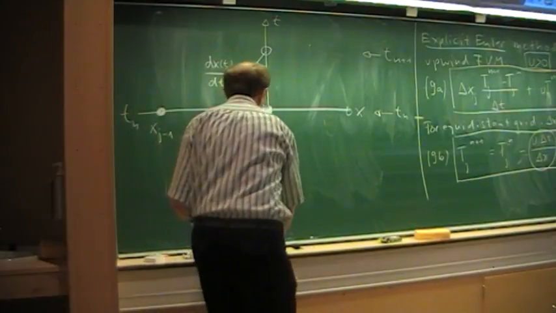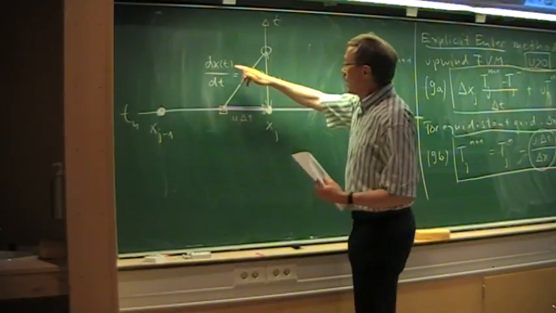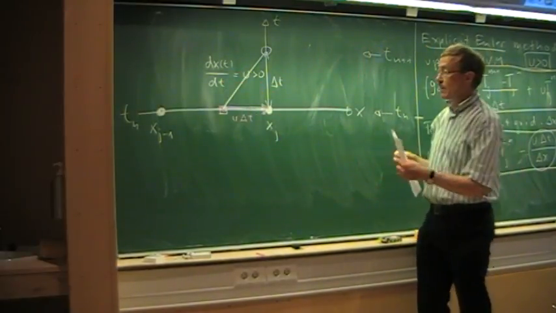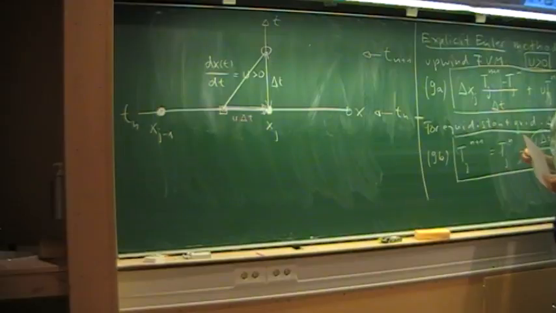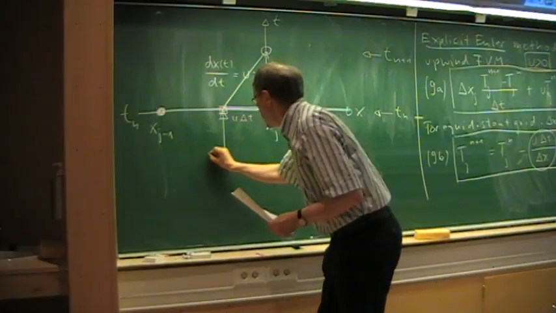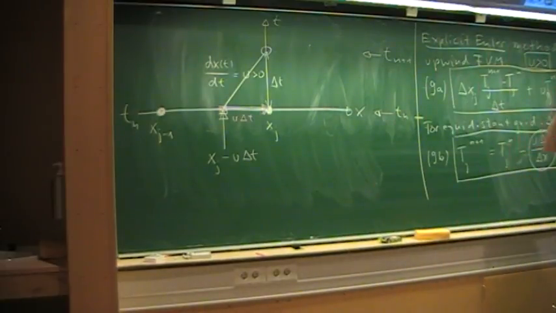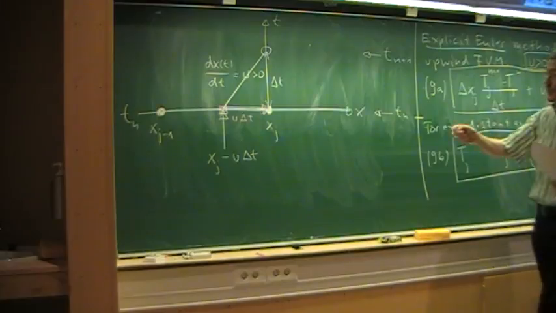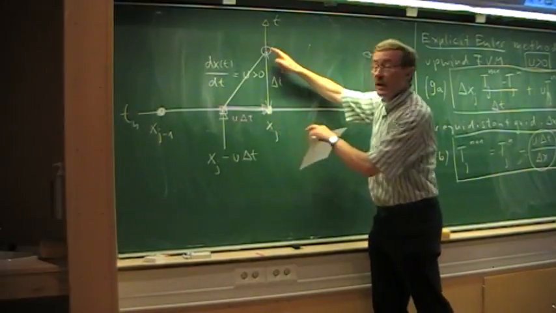Because this distance is, as we argued before, delta t, and dx over delta t is this distance, u delta t divided by delta t is u. That is a slope. So we know that this value here is xj minus u delta t, and that is the point where we have to take the solution at the old time level. If we take that, we know it is constant along characteristics, and then we have the solution where we need it at xj at the new time level.